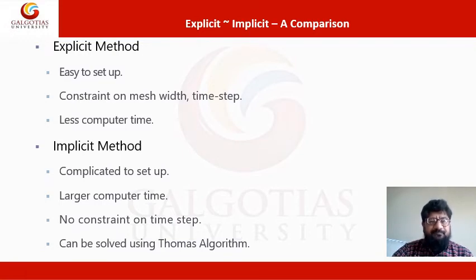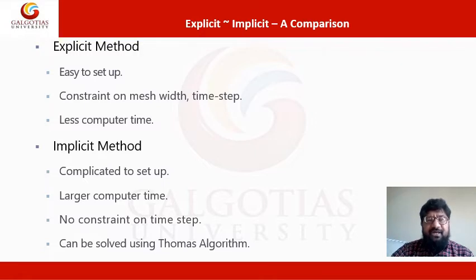Implicit methods are complicated to set up because we solve a large number of equations simultaneously. So we have to solve a matrix, and it may require a large computer time. However, there is no constraint on the time step.